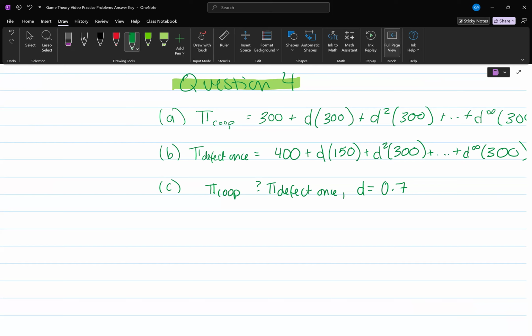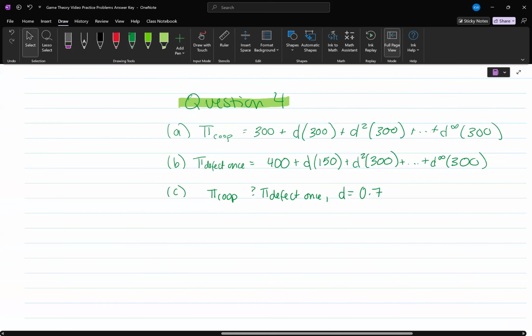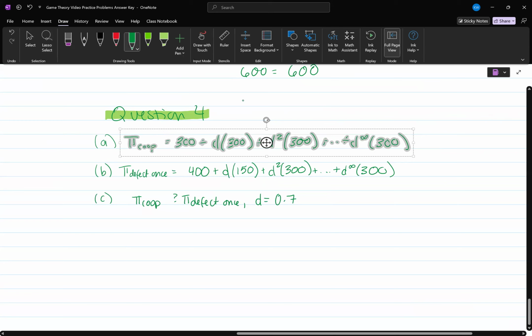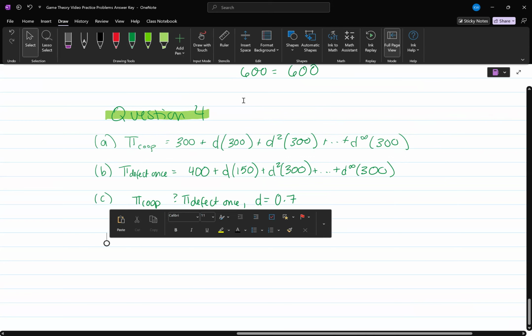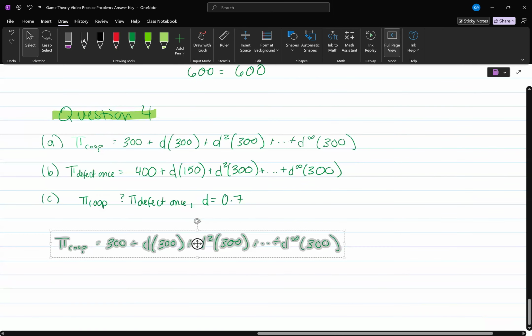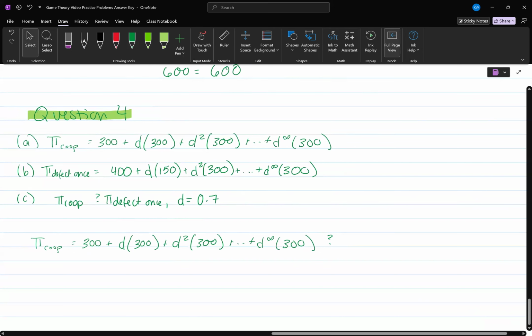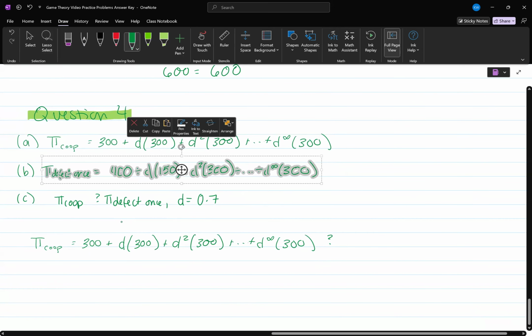So from here, what we're going to go ahead and do is take our two sums that we just wrote out, and we're going to copy them like we did before and set them up to explore their relationship. Okay, so we'll have this, and we want to know, how does that compare to the payoffs from defecting once?